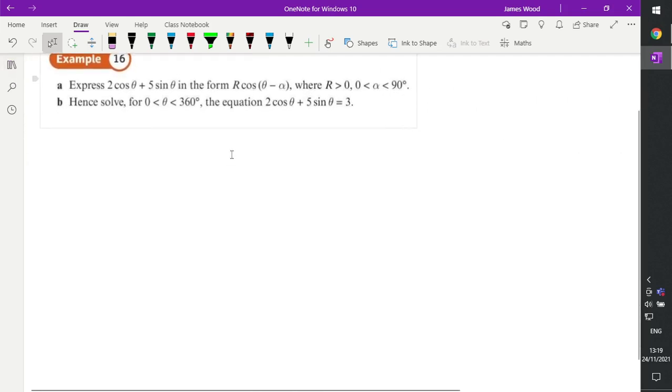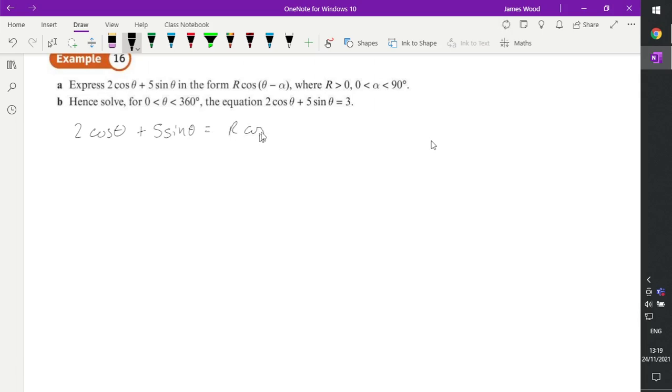Okay, let's have a go at another one. So this time we've got 2 cos theta plus 5 sine theta. We want to write it as r cos(theta minus alpha). So I'm going to expand the right hand side.